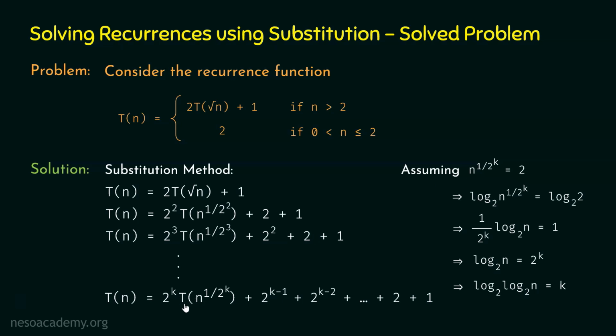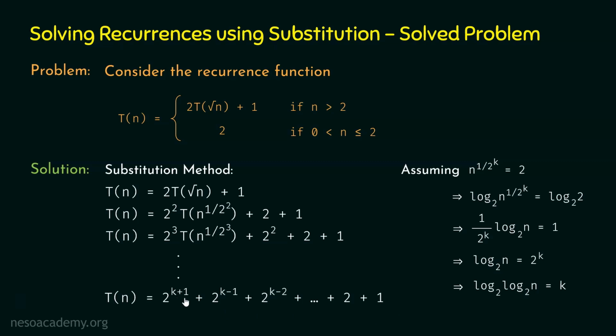So we will get T(2) here. And what is the value of T(2)? We know if n is equal to 2, then T(2) is equal to 2. Here we are getting 2 power k plus 1 because 2 power k times 2 is 2 power k plus 1. We can observe this is the equation we have here.